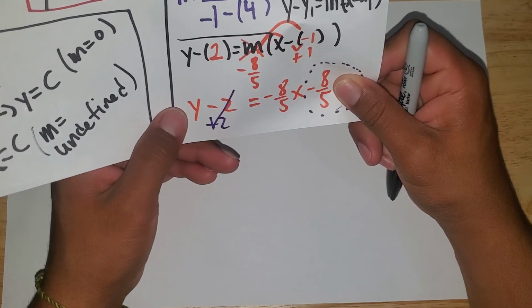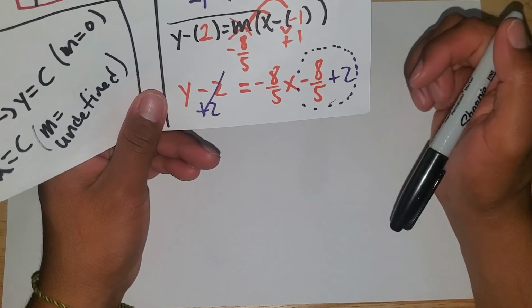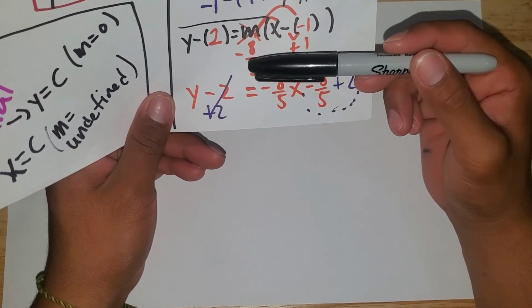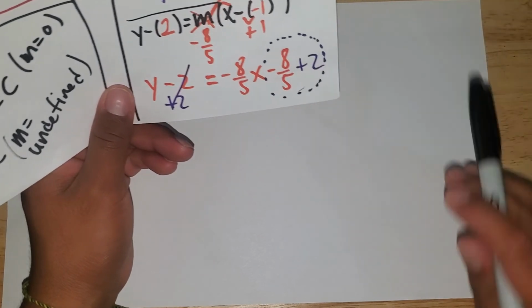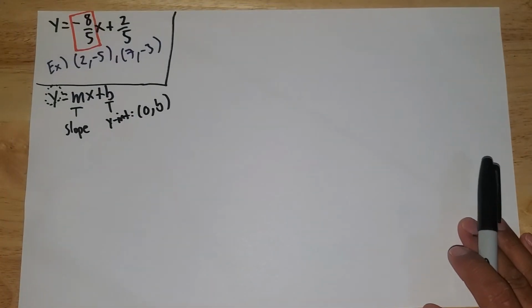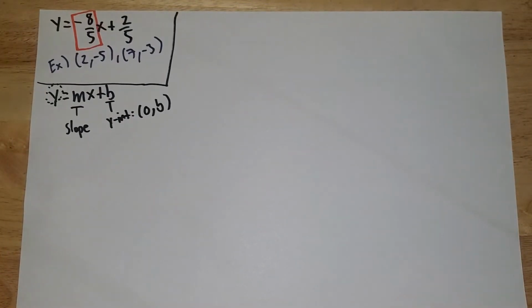So that's why it's important to make sure you isolate your y first, then identify what the slope and the y-intercept may be. Because as long as we have the point and the slope, we should be able to find a linear equation.